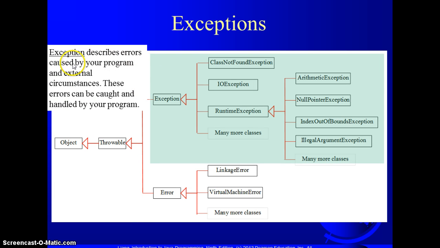Exception describes errors caused by your program and external circumstances. So you see that Exception is what we use for your program, right? Error is for system errors, right? And these errors can be caused and handled by you, right? The system errors, you cannot do much about, right?